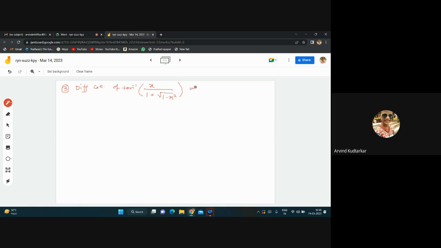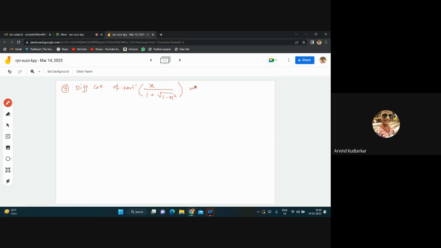So in this example, there are 2 functions, u and v. u is tan inverse, and v is sin inverse. So we define u as equal to, I will define u like this, and differentiating u with respect to v means you require du by dv.